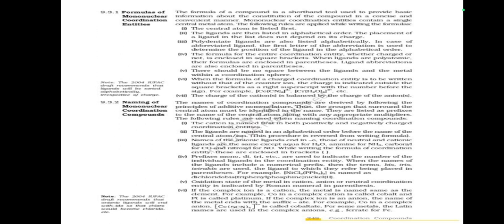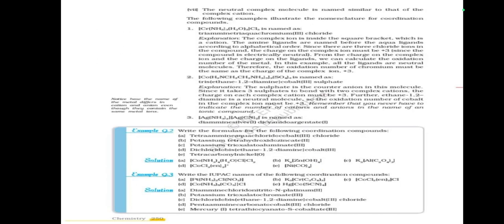For example, Co in a complex anion, [Co(SCN)4]4-, is called cobaltate. For some metals, the Latin names are used in the complex anions, for example, ferrate for iron.